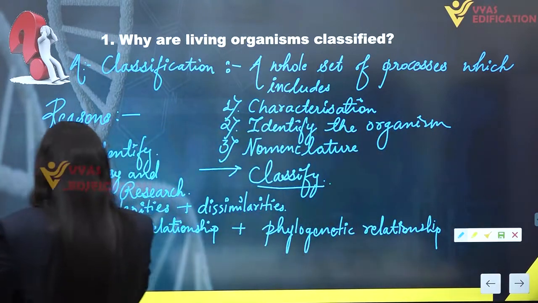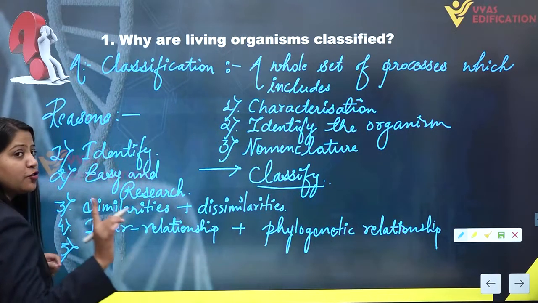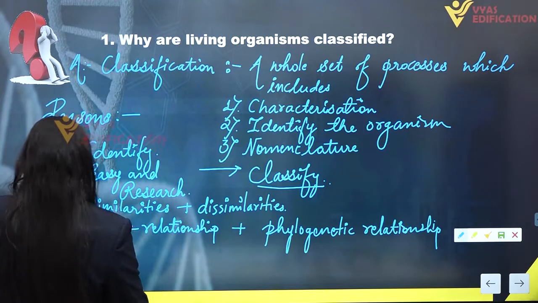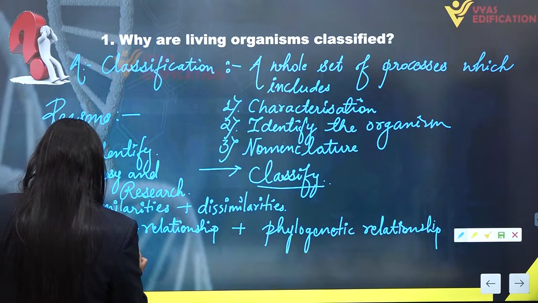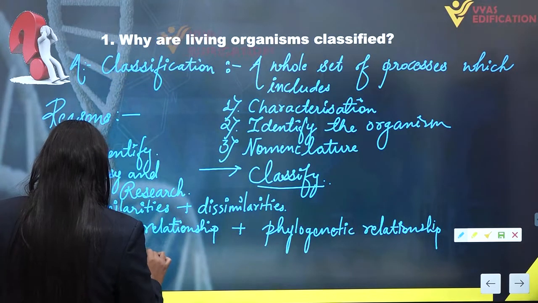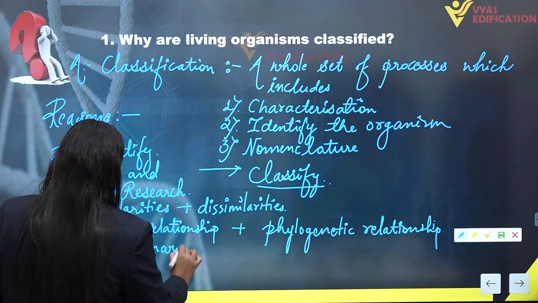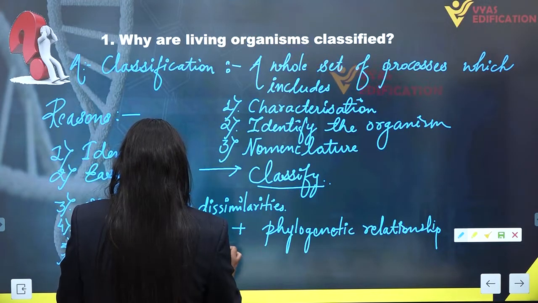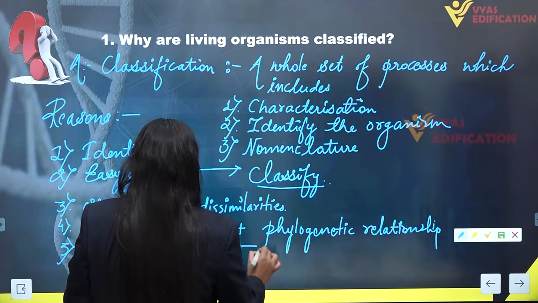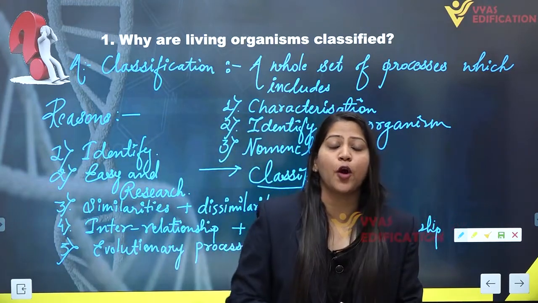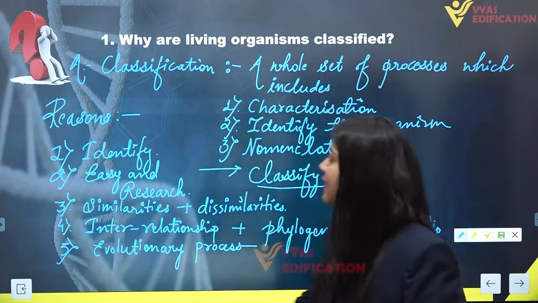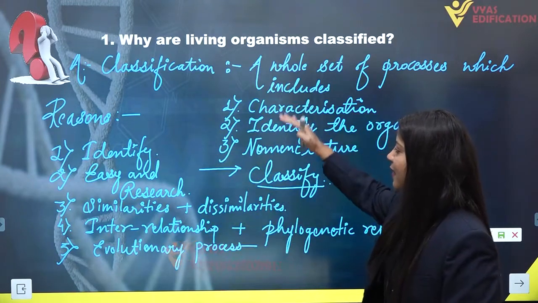So the fifth point is, classification helps us to know the evolutionary processes, that how any complex organism has evolved from a simple organism. So all these are the reasons.